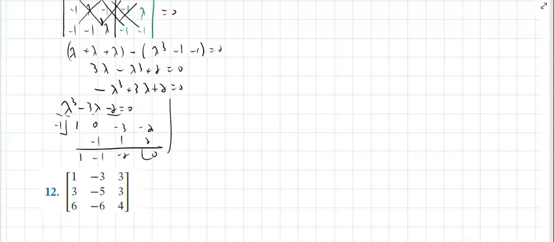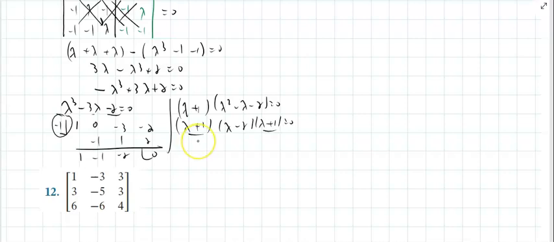So I have lambda plus 1 into lambda squared minus lambda minus 2 equals 0. That's lambda plus 1, lambda minus 2, and lambda plus 1 equals 0. So I get lambda equal -1 and 2.